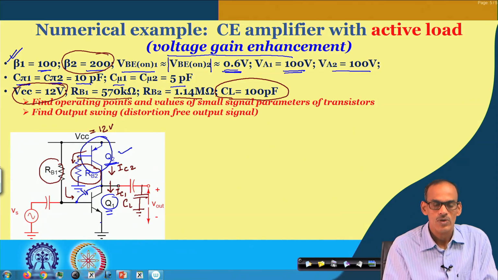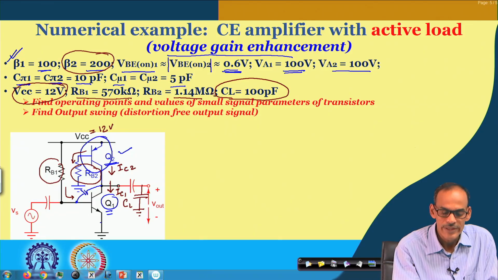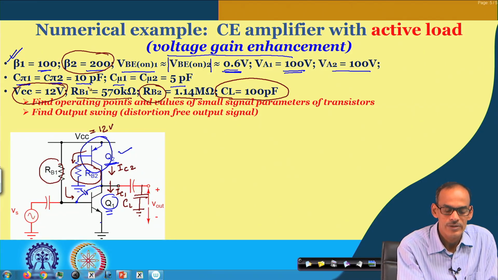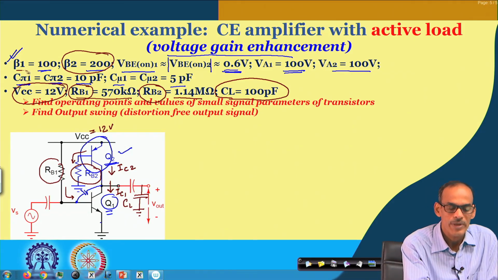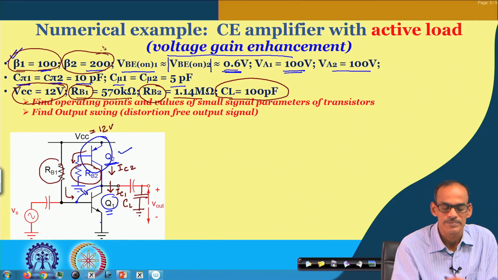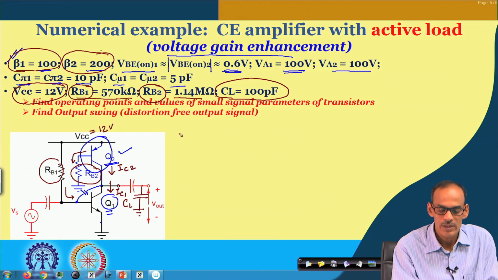In fact, it is just compensating. To achieve that, the value of RB2 is 2 times RB1, just to compensate the beta difference.